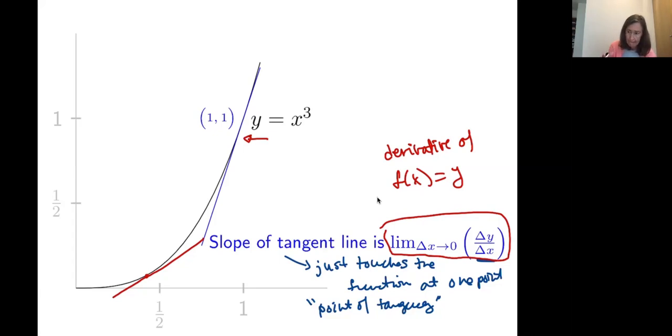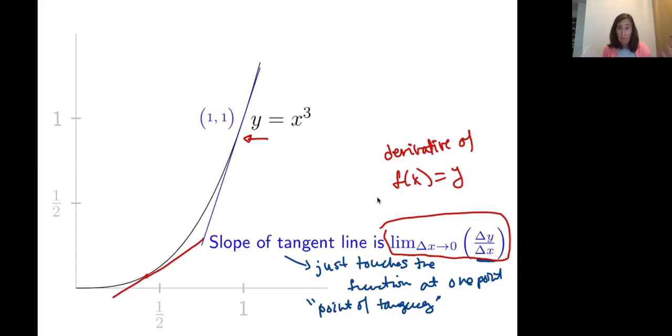Touching base with the other issue that we had here, the fact that the derivative, that the slope depends on what x0 we start at, what value of x we start at.